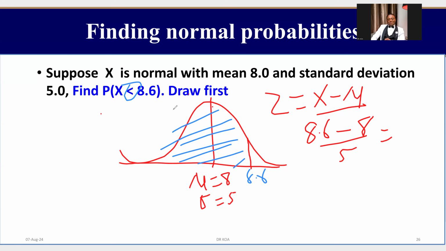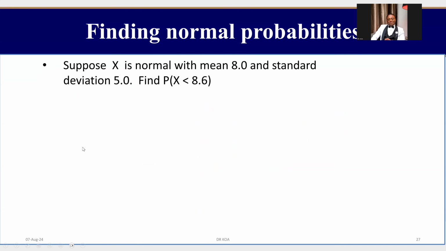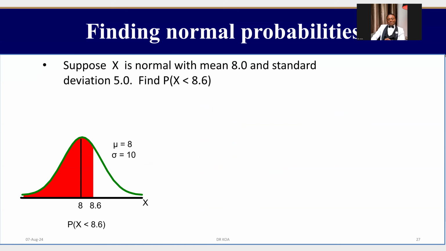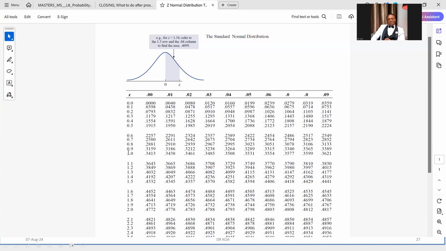So, as you can see from here, we can find the distance easily, just as we did the previous one, and then you can find what is below. The Z value is 0.12. So you go to the table. And then 0.12 is this. 1.12, so it's 0.1 here, then under 2.